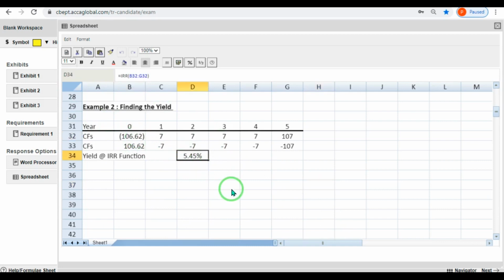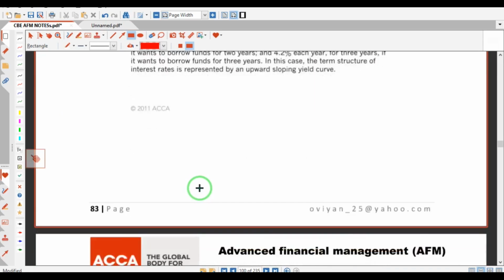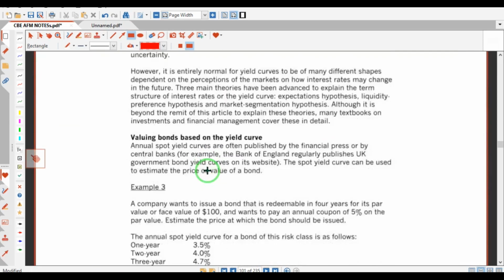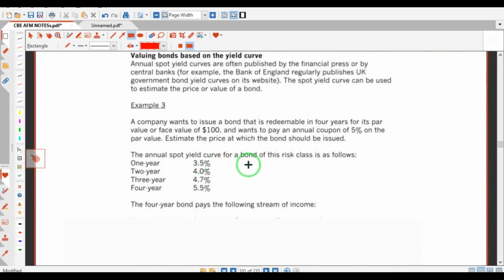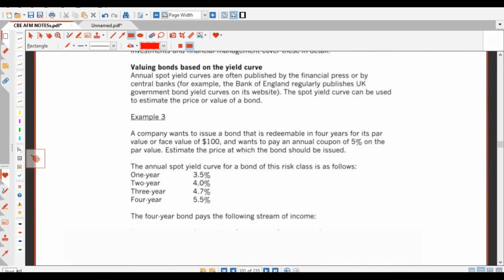So what is example 3 all about? Example 3 is about finding the value of the bond. So it's similar to example number 1, finding the price of the bond.